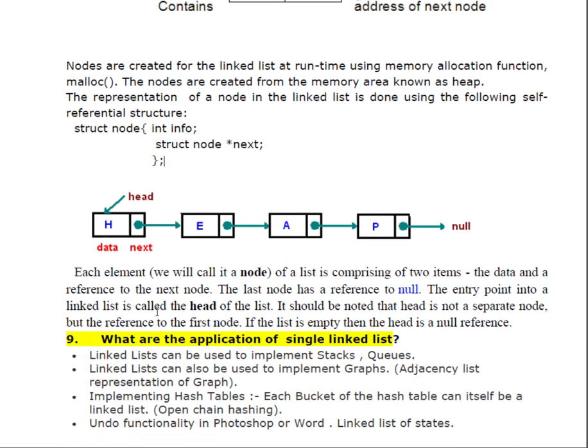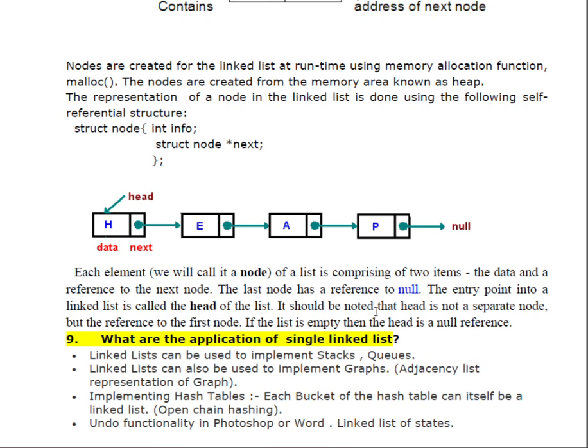Okay, so each element we call a node. For a list, it comprises two items: the data and a reference to the next node. The last node has a reference to null. The entry point into a linked list is called the head of the list.